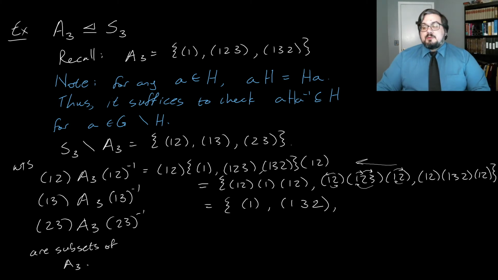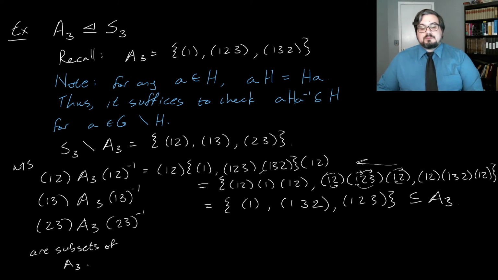And similarly, if we multiply out the last term over here, then we'll get (1 2 3). And the point is, this whole thing is a subset of A3. In fact, it's exactly equal to A3, which is what we expect.